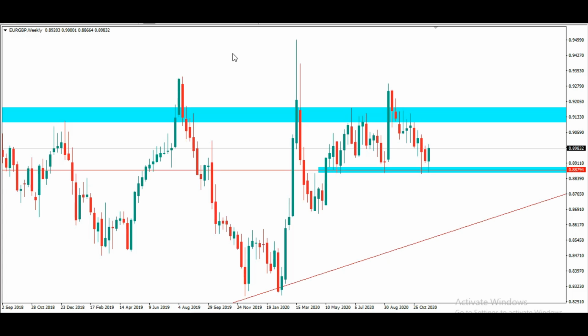Next pair on our list is Euro Pound, and what we can see from the weekly time frame is that the price is rejecting a major level of structure right here. You can see that they reacted as resistance. You can see it was support here, it was resistance at this point.